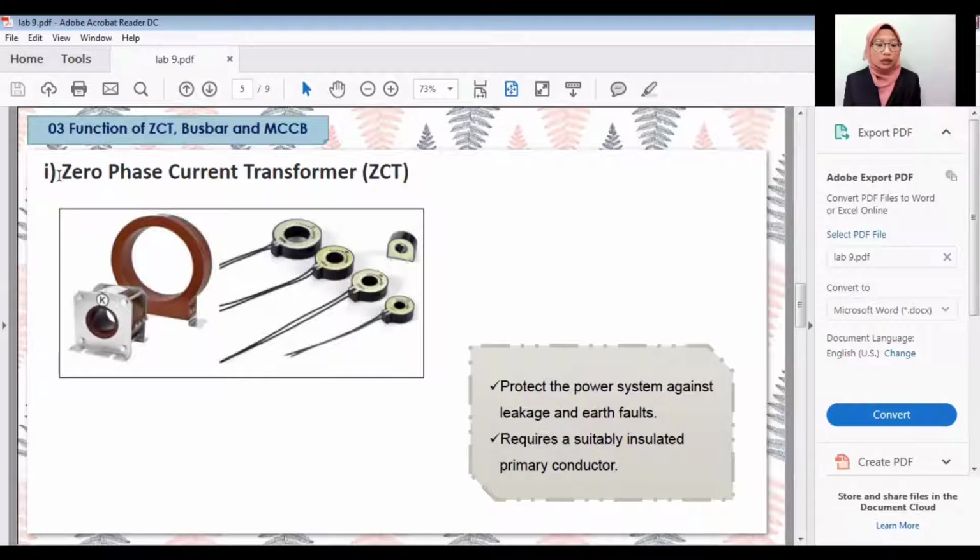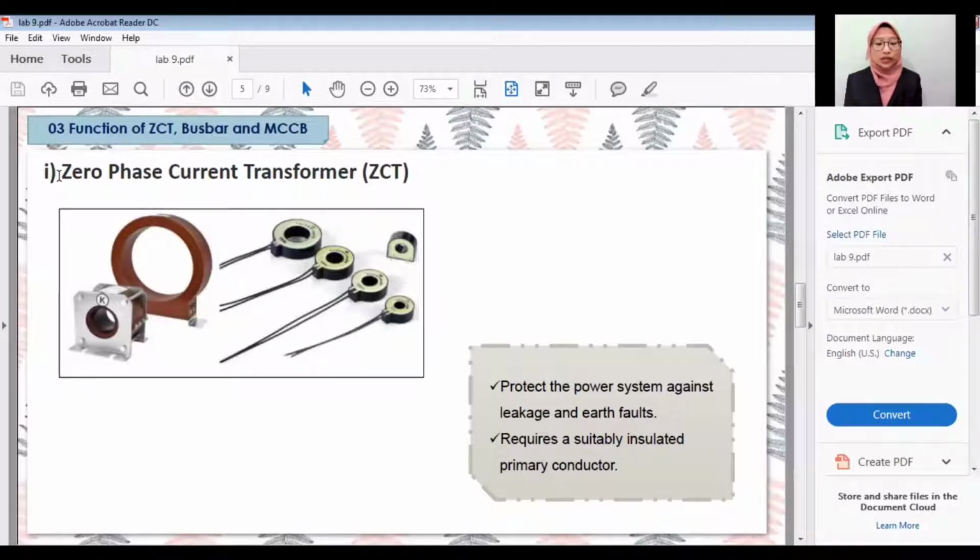So the zero current transformers are differential sensors passing both line and grounded neutral conductors into the current transformer aperture so as to make a zero phase sequence in the case of leakage current or fault current on the line. So it is called the differential current as the sensitivity current distinguished from the primary current.